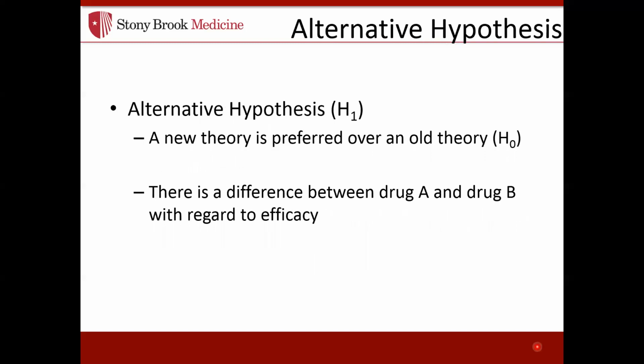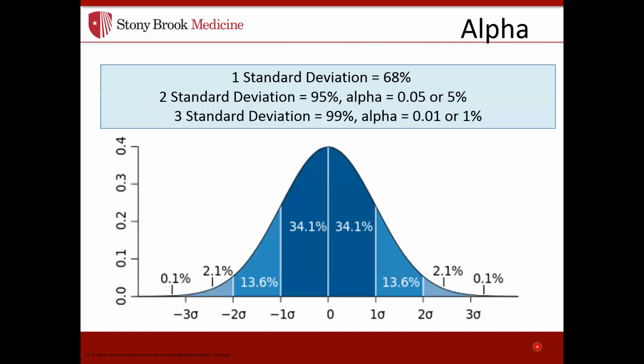Alternative hypothesis states that there is a statistically significant difference between the groups. The drug efficacy is not equal to the placebo. This is what the researcher hopes to prove. When investigators design a study, they select a maximum error margin.